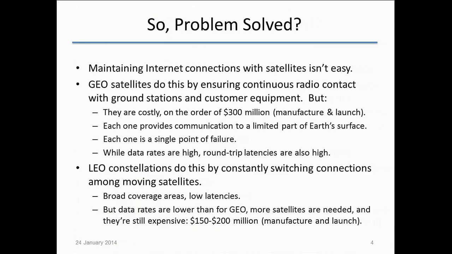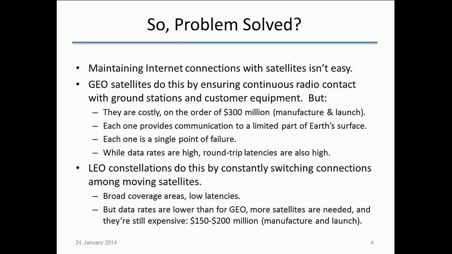The problem here is that maintaining internet connections with satellites is absolutely doable, but it's not necessarily easy. With geosynchronous satellites, the satellite is in one place over the same point on Earth's surface at all times, which is what geosynchronous means. And so you can maintain continuous radio contact between ground stations and customer equipment through that satellite.